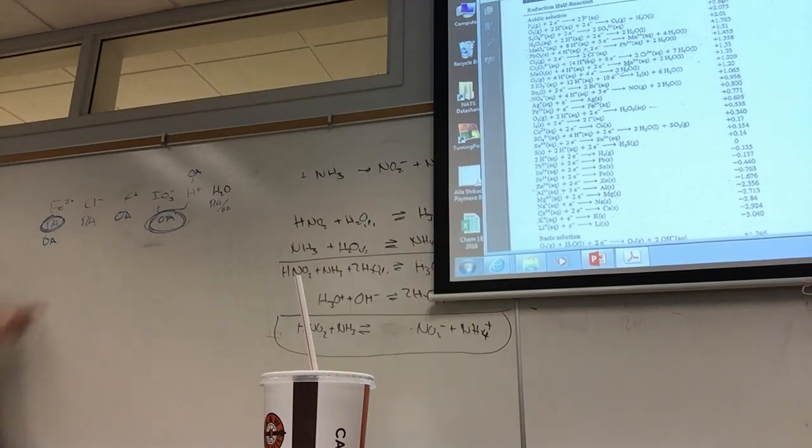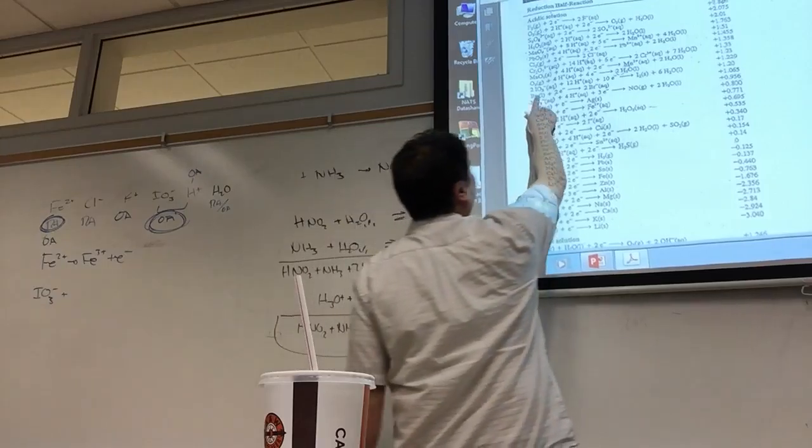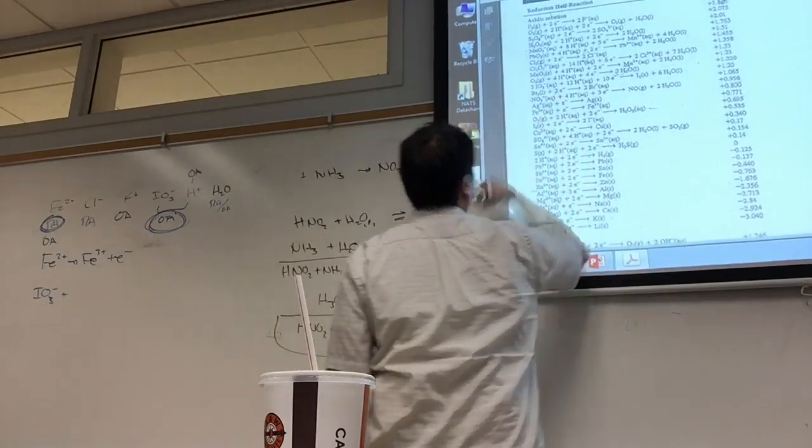And so all I do is I copy the reactions down. If Fe2 plus is our RA, then Fe2 plus goes to Fe3 plus plus an electron. And then our OA here is IO3 minus, and just copy it down off the chart. So IO3 minus, I need 2 of those plus 12 H pluses.